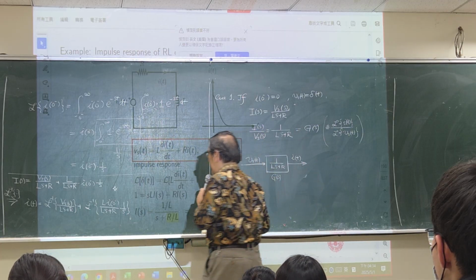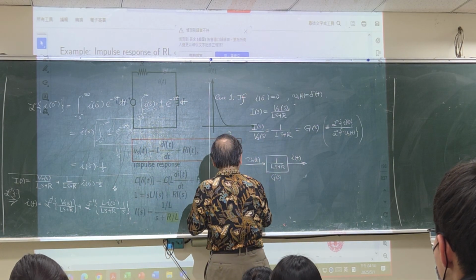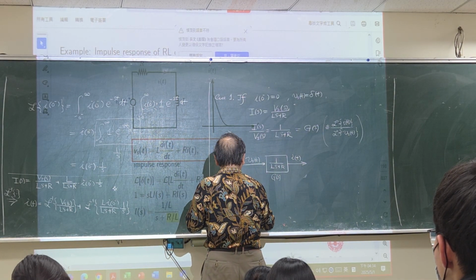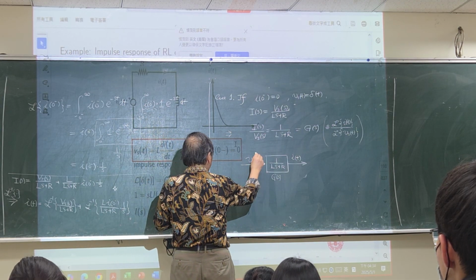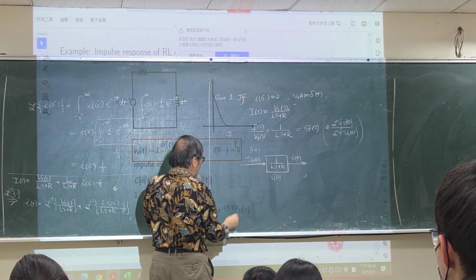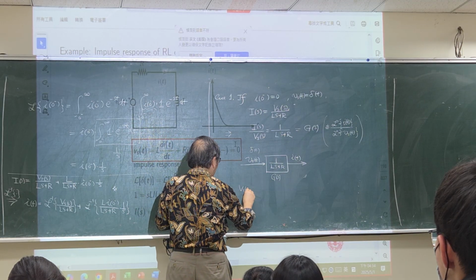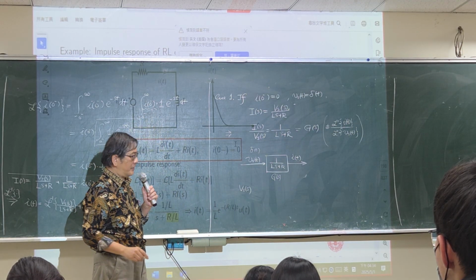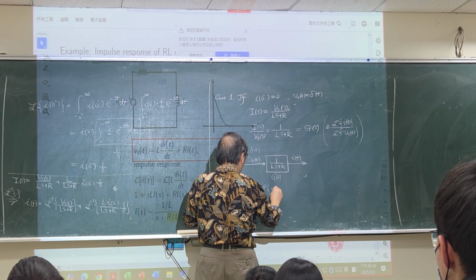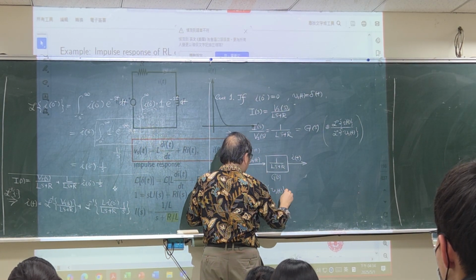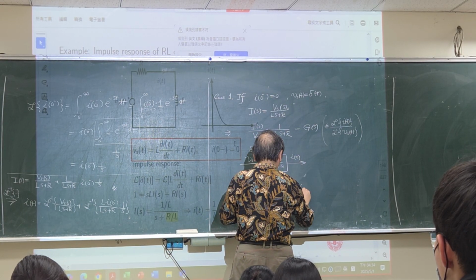Okay, so in this case, Vs is unit t, right? This is equal to unit t. Then Vs of S, the Laplace transform, is simply the Laplace transform of the unit function.